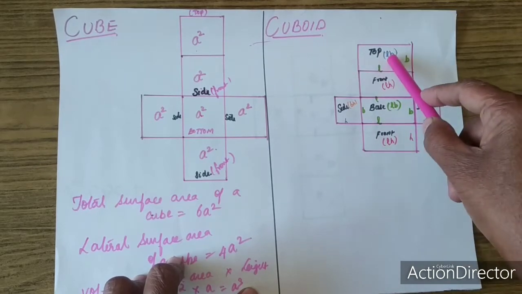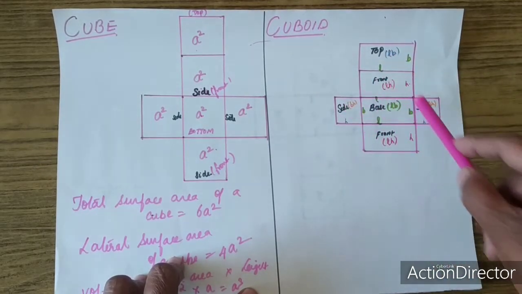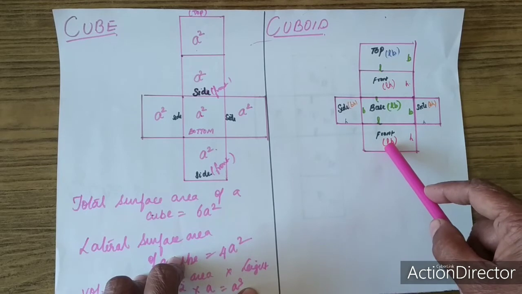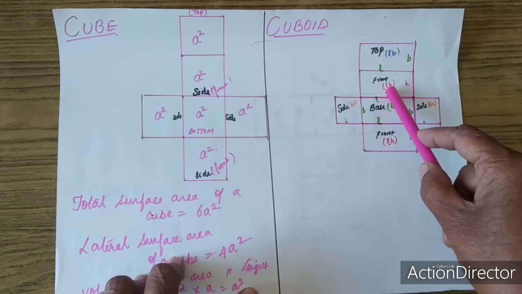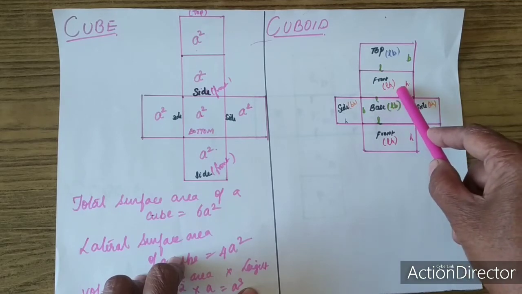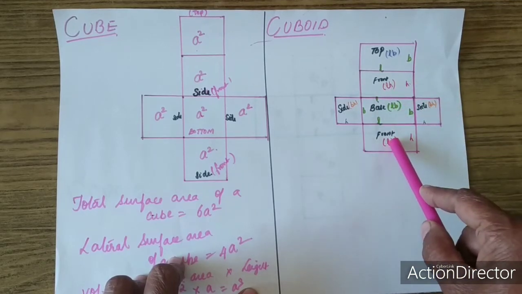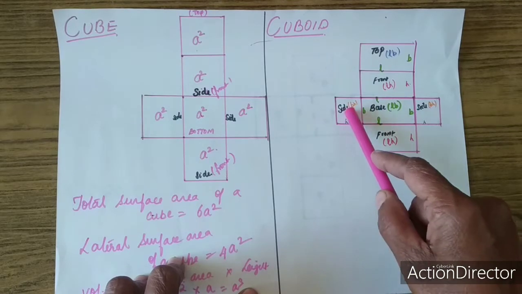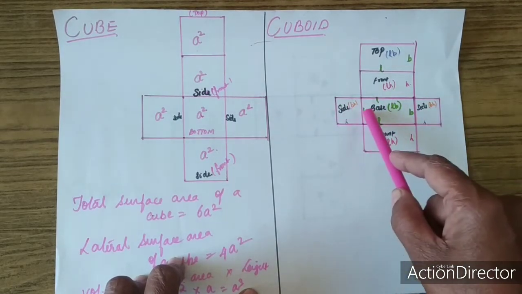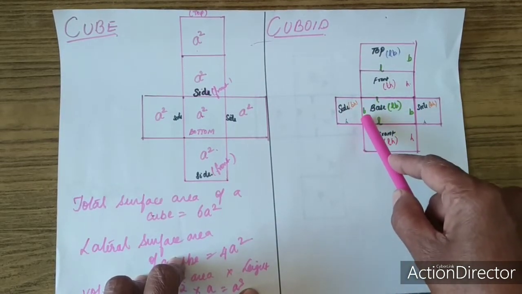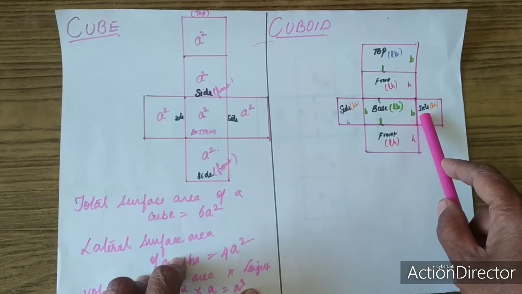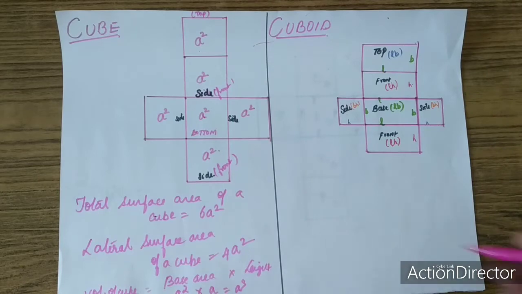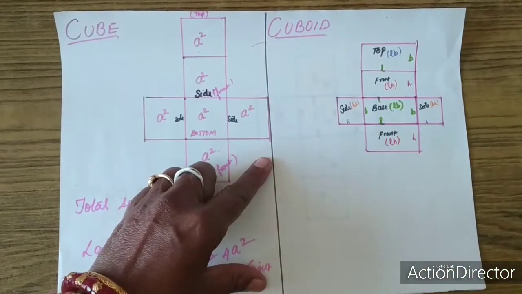When the base and top are removed, you have the 4 walls of your room. The area will be length into height for the front face, and here also it is length into height. For the side face, it will be breadth into height, and here also breadth into height. So coming to the total surface area of the cuboid.